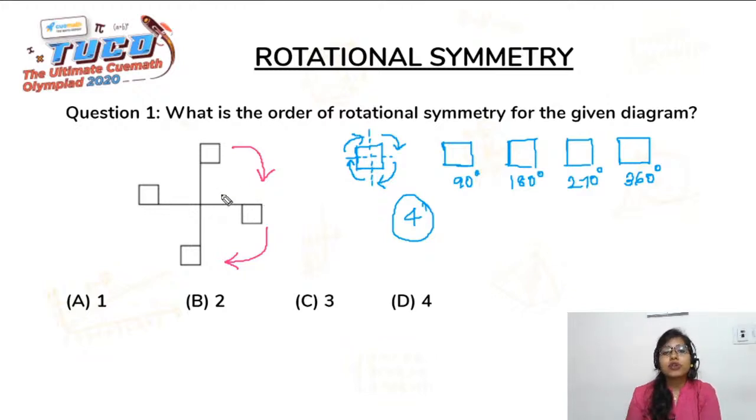And hence on every rotation, I'm getting back the same figure. So we saw that in one whole complete rotation, we got back same figures in every turn. So from here, what can I say about the order of rotational symmetry? I could say that the order of rotational symmetry is nothing but 4. I hope that was clear.